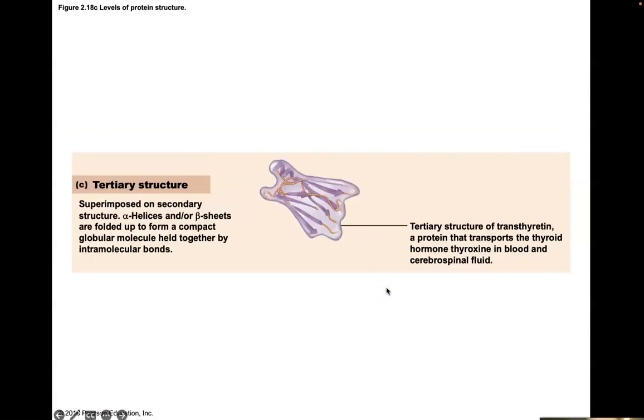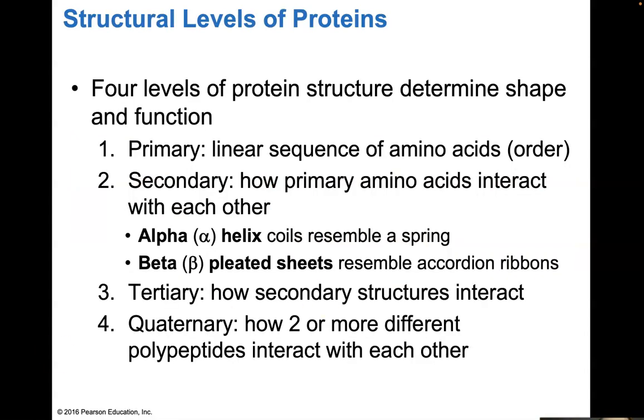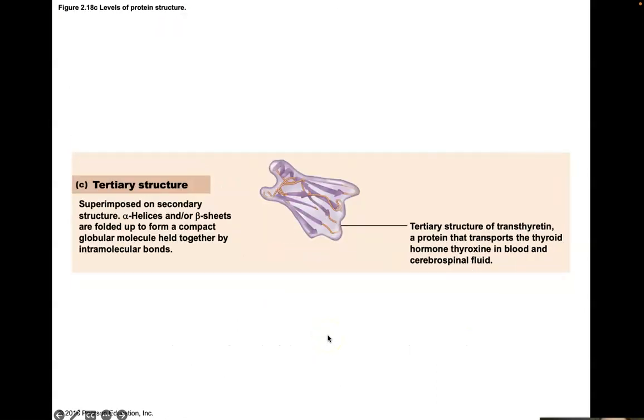Now, tertiary structure is how that secondary structure kind of folds back on itself. So these are how the secondary structures, the alpha helix and the beta sheets, interact with each other, okay? And so that looks like this. How do these secondary structures fold back on themselves and interact with each other? That's tertiary structure, okay?